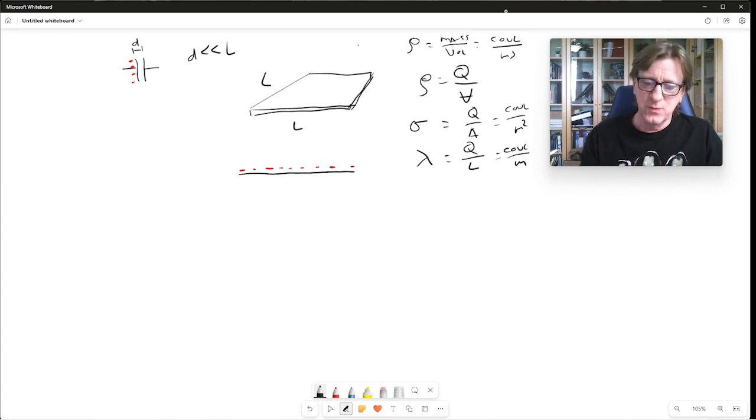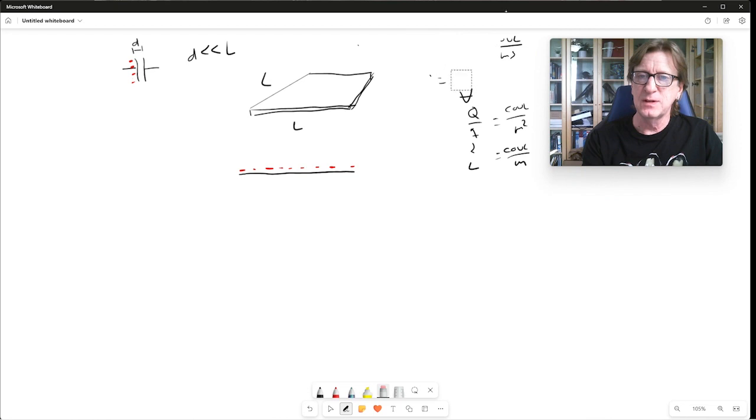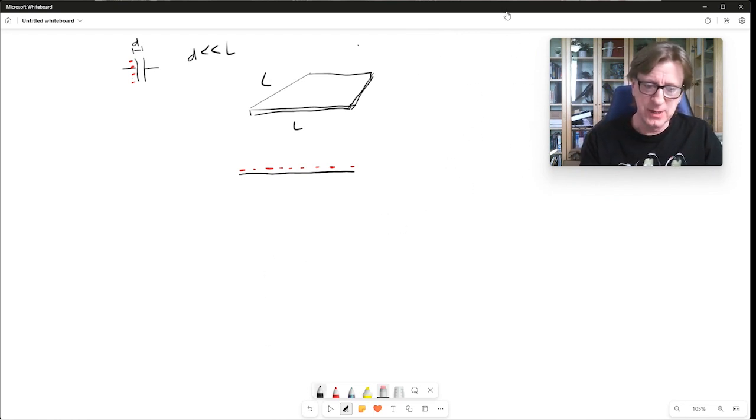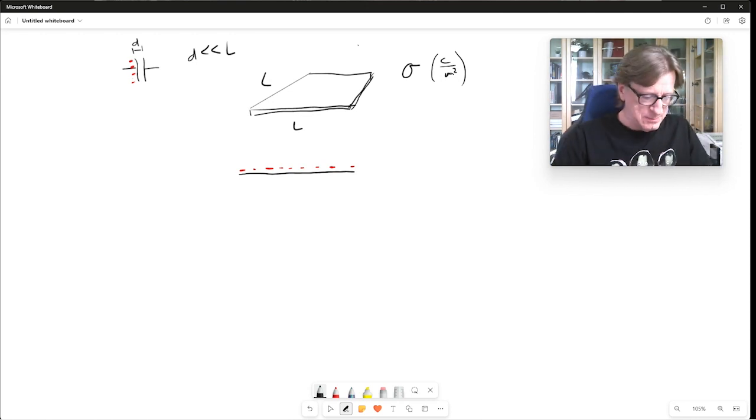All right, so for this example, let's suppose that you have been given the area charge density for this particular plate. And so I know what this is. That's some value, and it's given to me, and that's going to be in coulombs per square meter.